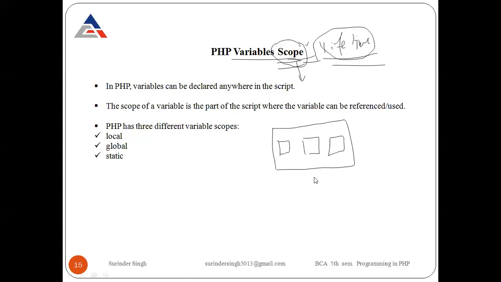This is our program. Suppose its name is P. And here we have three functions like f1, f2 and f3. Clear? In the f1 function we have a variable a, here we have a variable b, and here we have a variable c. Okay, and in our program we have a variable x. Clear?